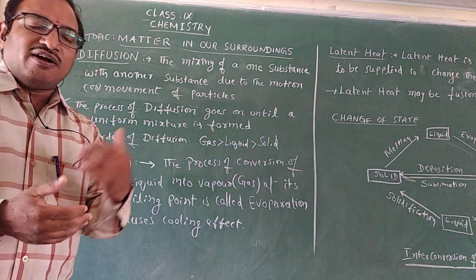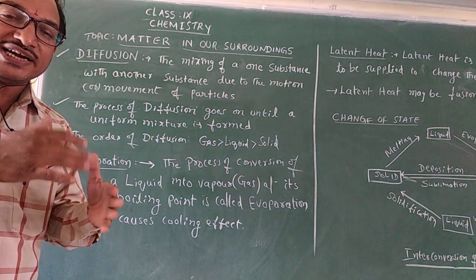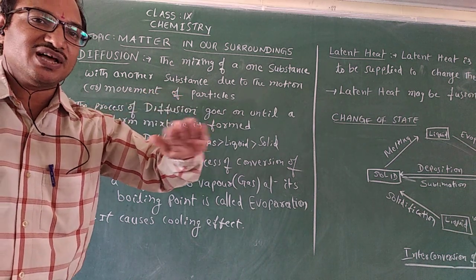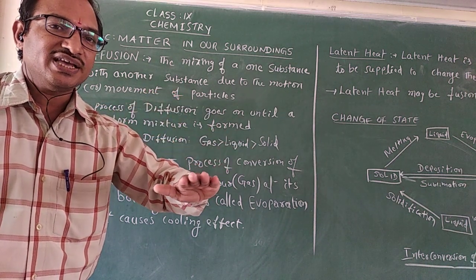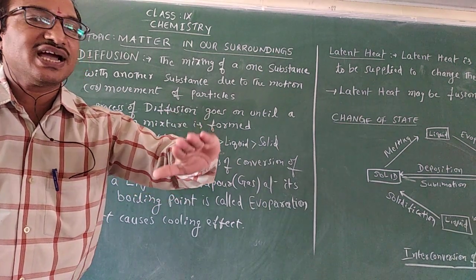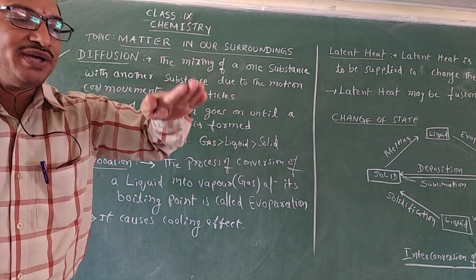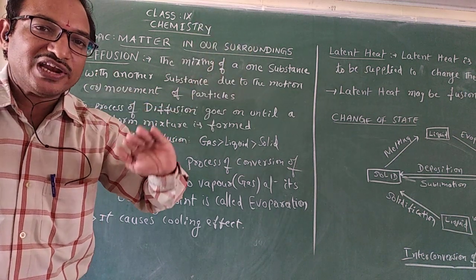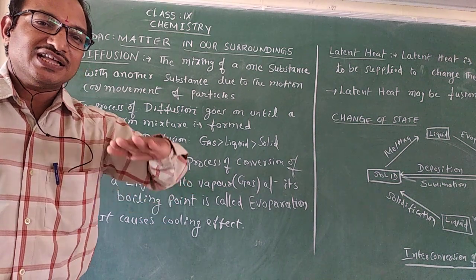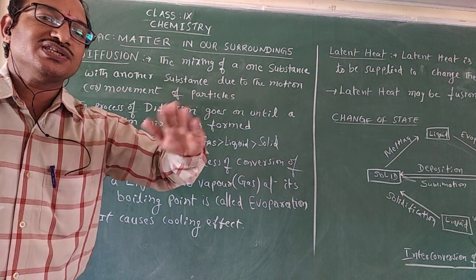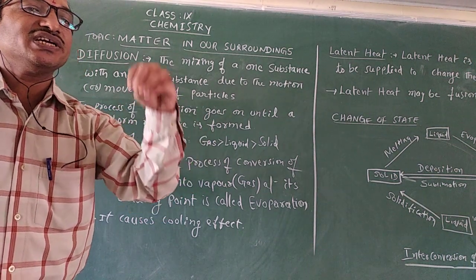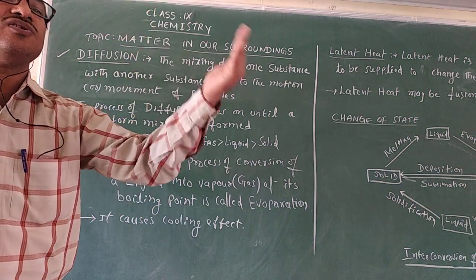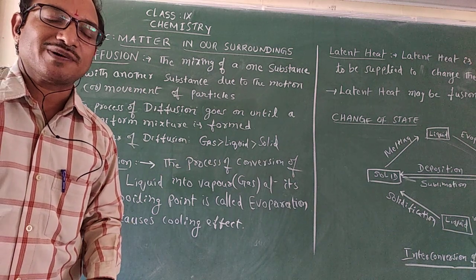After some time, what happens? At its boiling point, the molecules on the surface of the liquid have sufficient energy to get converted into the vapor state, which means the molecules will be vaporized. They have sufficient energy to overcome the interactions, and they can convert into gas molecules or vapor.